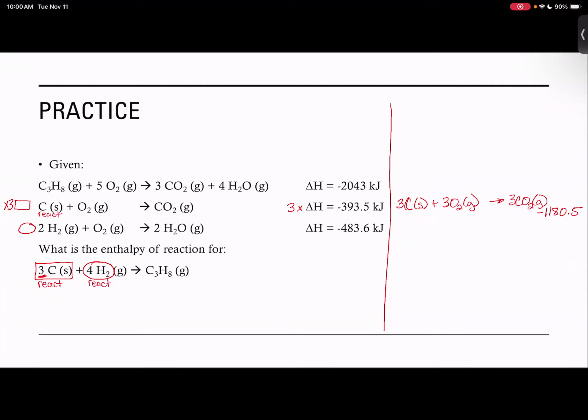I need the hydrogen gas as a reactant. That is fine. It is a reactant. But I need 4 hydrogen gases, not 2. Therefore, I need to multiply this equation by 2. So we have 4 hydrogen gas plus 2 oxygen gas goes to form 4 water gas.